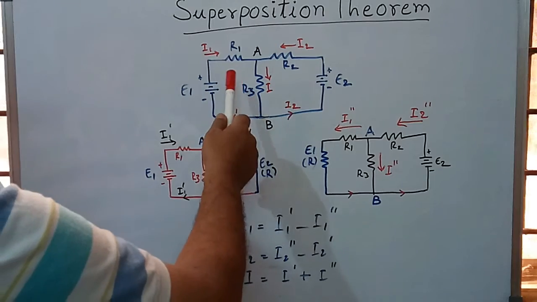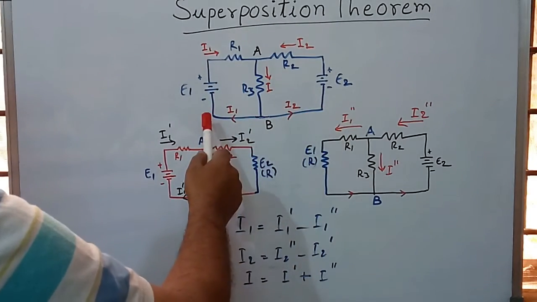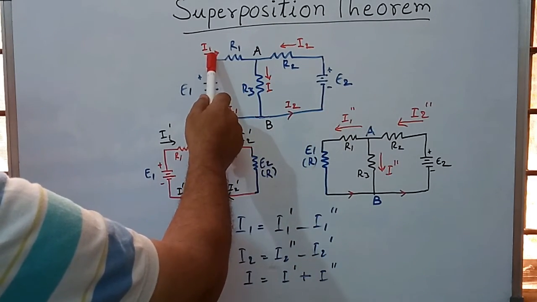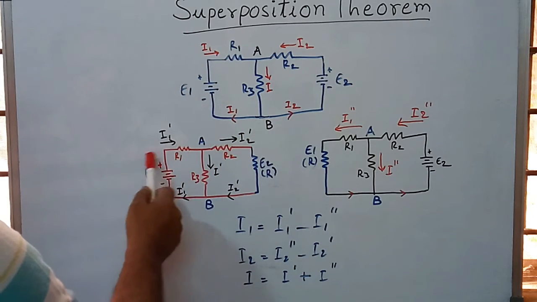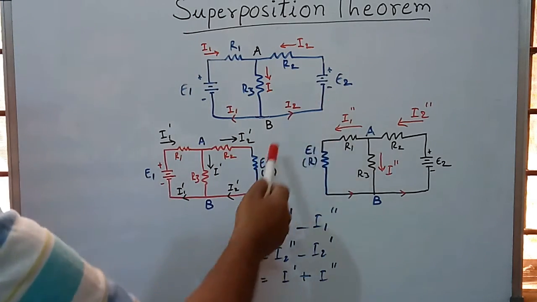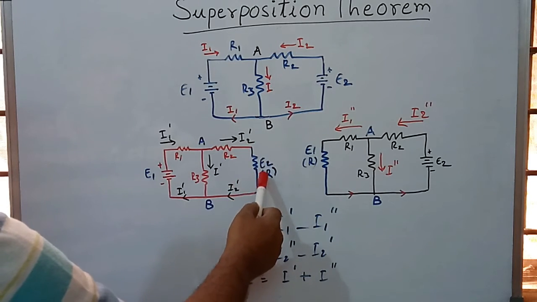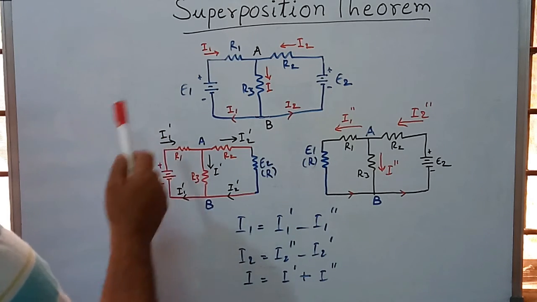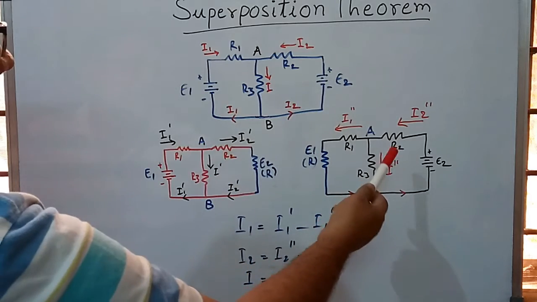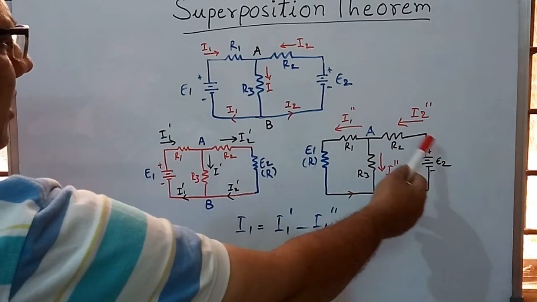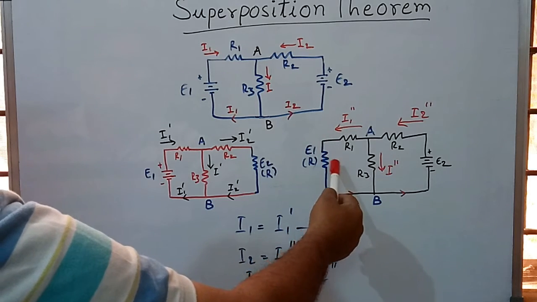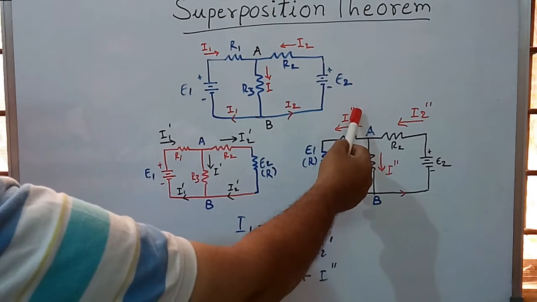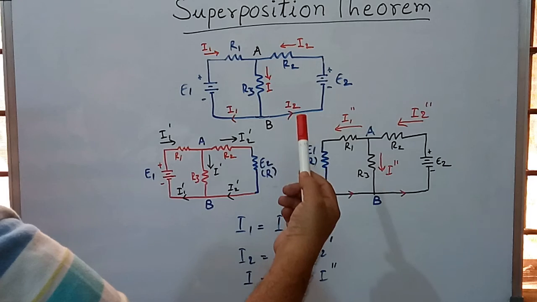Here in this diagram, I1 dash is the current calculated with E1 as the voltage source and E2 taken as the internal resistance. And next, E2 acting on this network with E1 taken as internal resistance and I1 double dash is calculated.